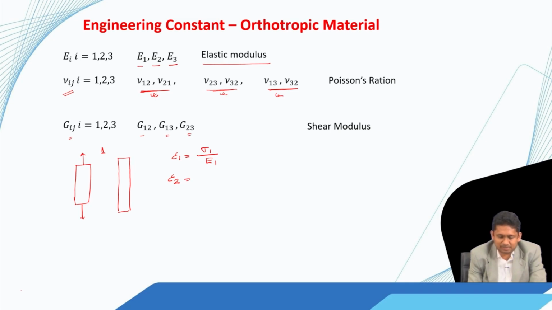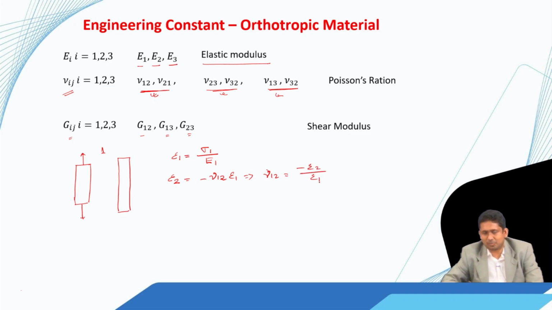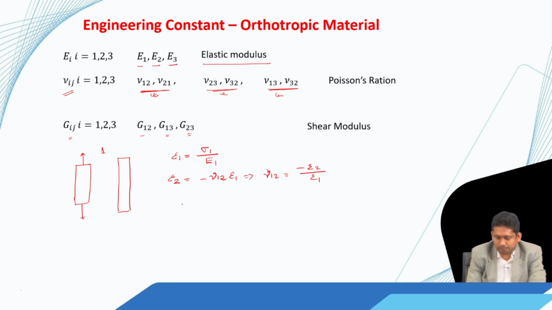So epsilon 2 is nothing but minus nu12 times epsilon 1, or we can say that nu12 is epsilon 2 by epsilon 1 with a negative sign, because epsilon 2 is itself negative, being a contraction. So, to keep nu12 positive we put a negative sign here. So this is nu12.